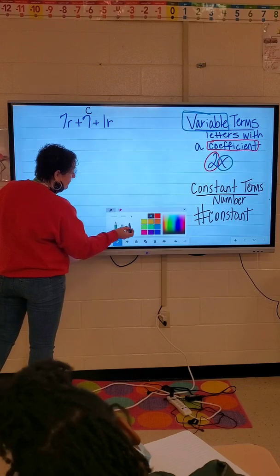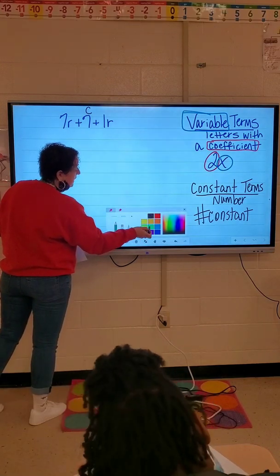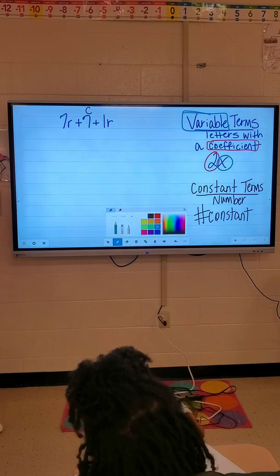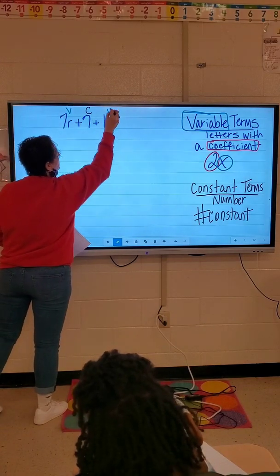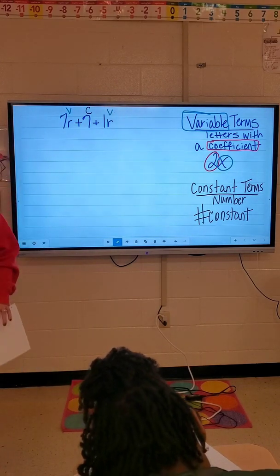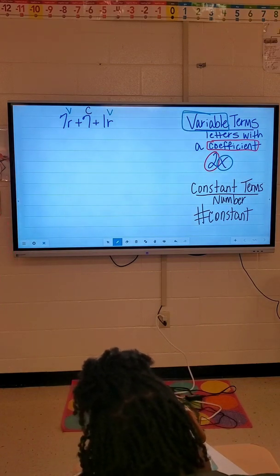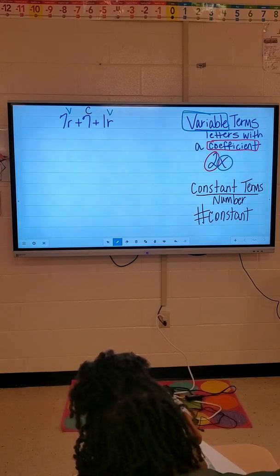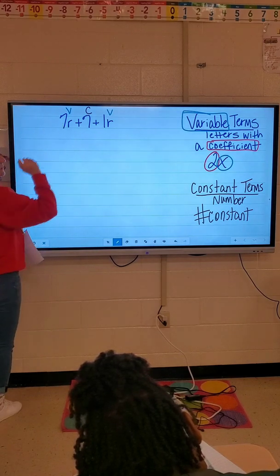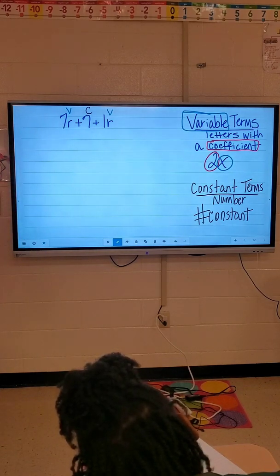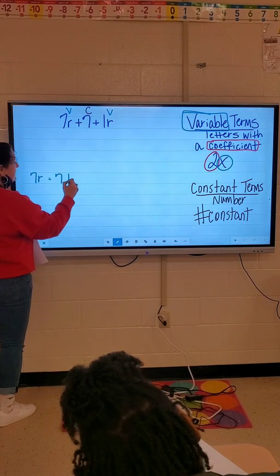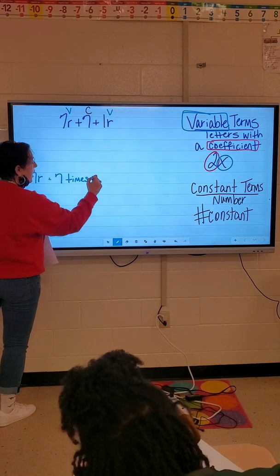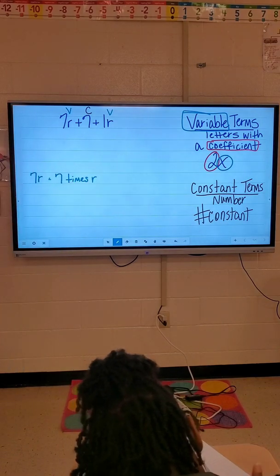A variable term, if something varies, what does it do? It changes. Exactly. It changes. And a variable term, these are both variable terms, those values will change depending on R. Right? What operation's going on right here with 7? Multiplication. So 7R means that is equal to 7 times R, which could be anything, right?